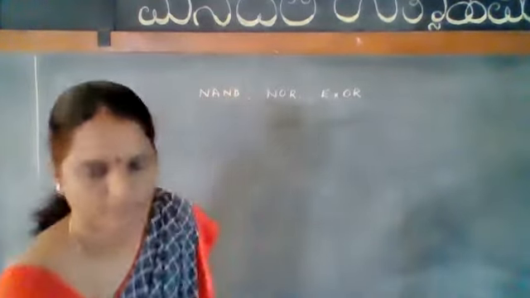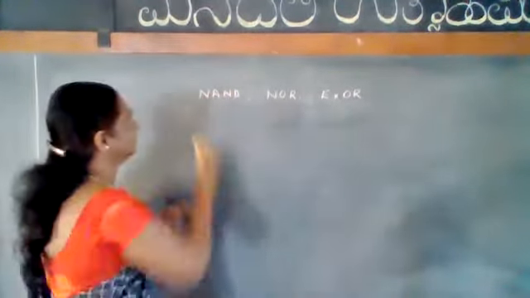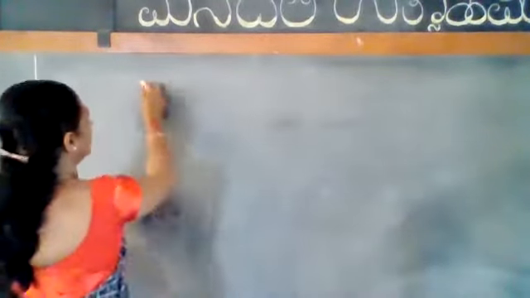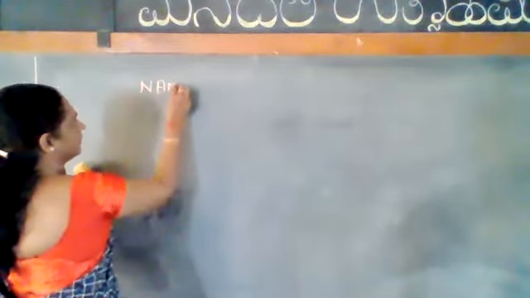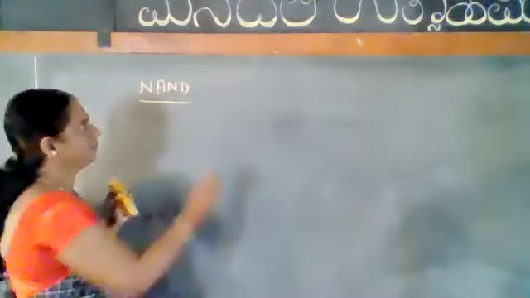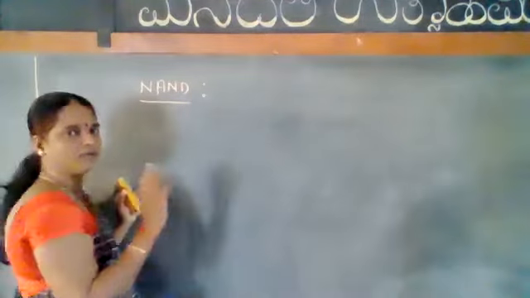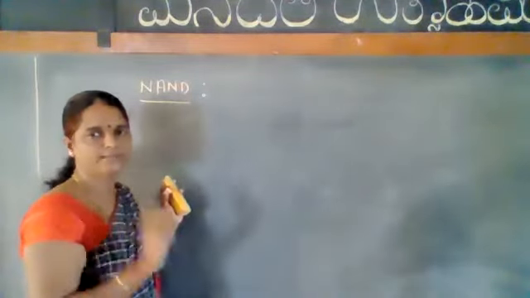Okay. Now, first we'll take what is a NAND gate. So, this NAND gate is a combination of two basic gates.